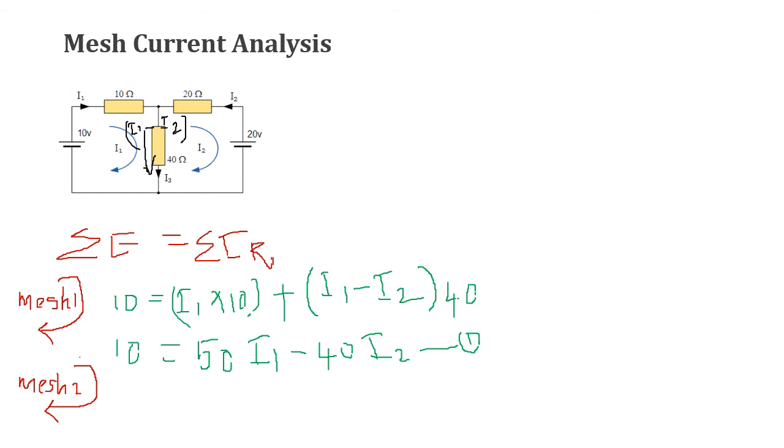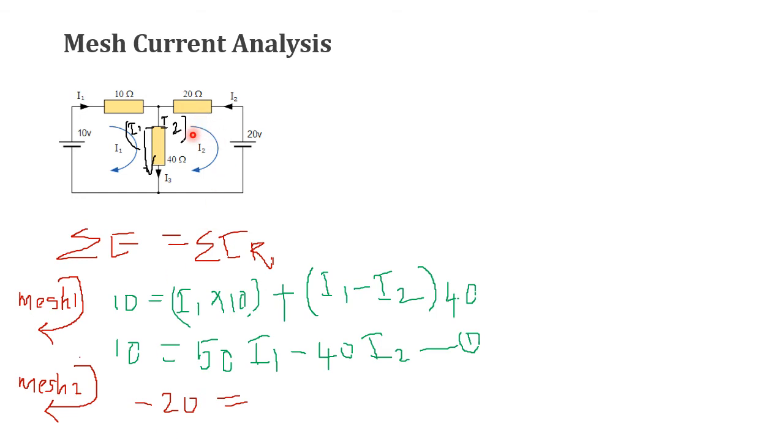For mesh 2 there is only the 20 volt battery source connected. Therefore we need to check the polarity. Here I2 is flowing downward, but the 20 volt battery is connected upward, so we need to put a minus: minus 20 equals.